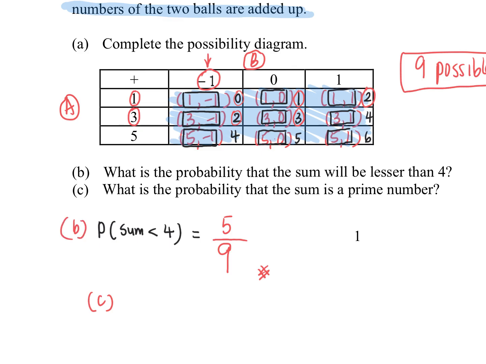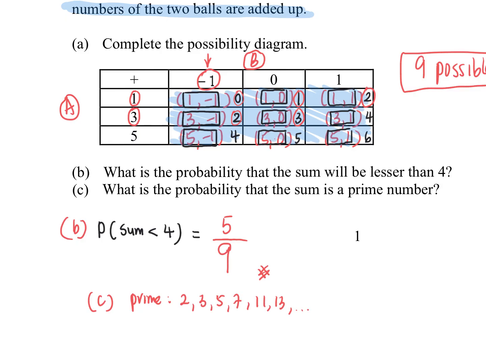Okay, then they ask, what is the probability that the sum is a prime number? Prime number means what? Numbers that have 2 factors only, 1 and itself. So 2, 3, 5, 7, 11, 13, and so on.